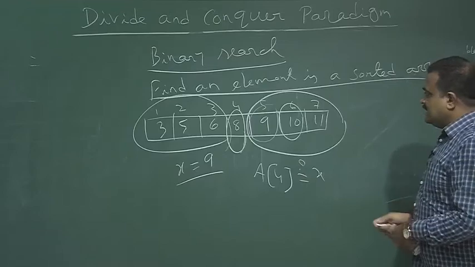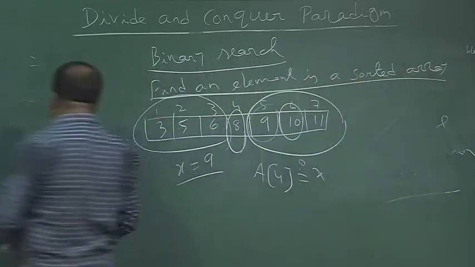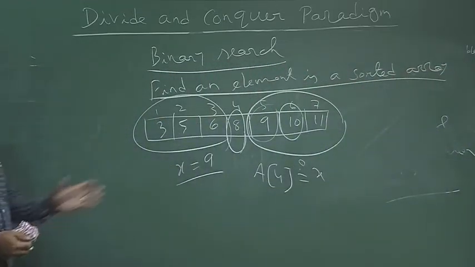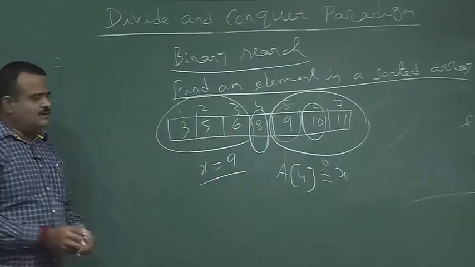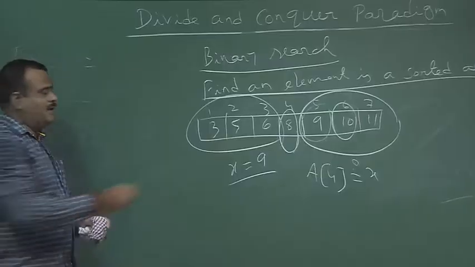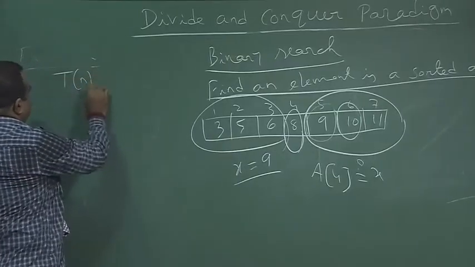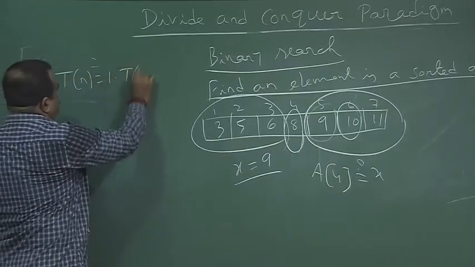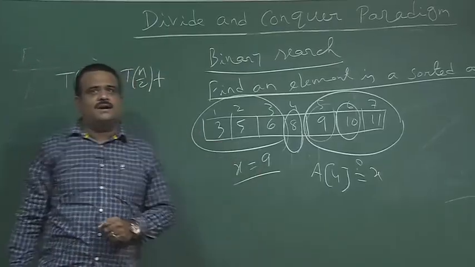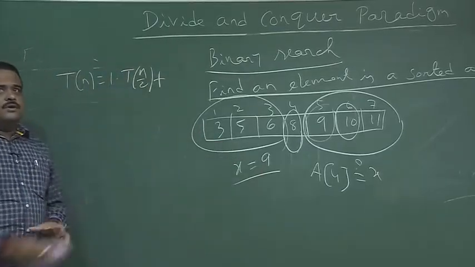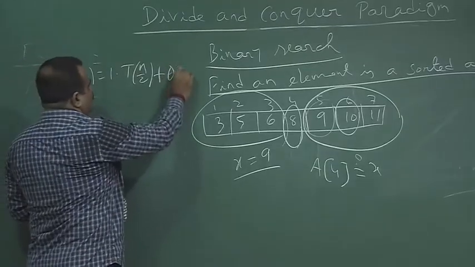Now, what is the recurrence here? We divide the problem into, basically, one sub problem. We are not looking into both sub arrays, only one sub array. So, this is basically T(n/2) plus the cost we spend for divide and combine, which is theta of 1, constant time.